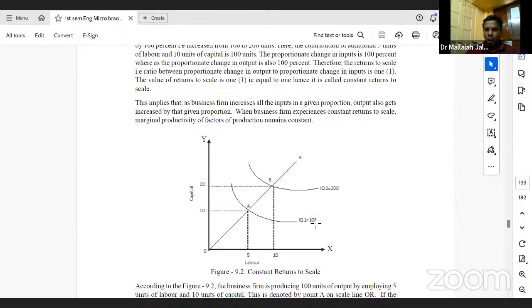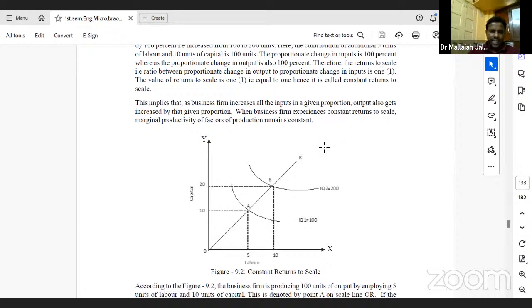How can we say this? The isoquant curve is intersecting this line, so that is why it is 100. If we increase labor from 5 to 10 and capital from 10 to 20, same proportion it is increased. That is why through the isoquant curve at point B, the total output is only 200.